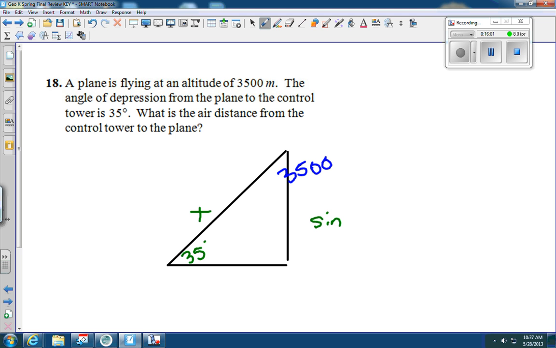So sine of 35 equals 3,500 over x. So cross multiply and divide, I get x equals 3,500 divided by sine of 35, and I get 6,102.1. Okay.